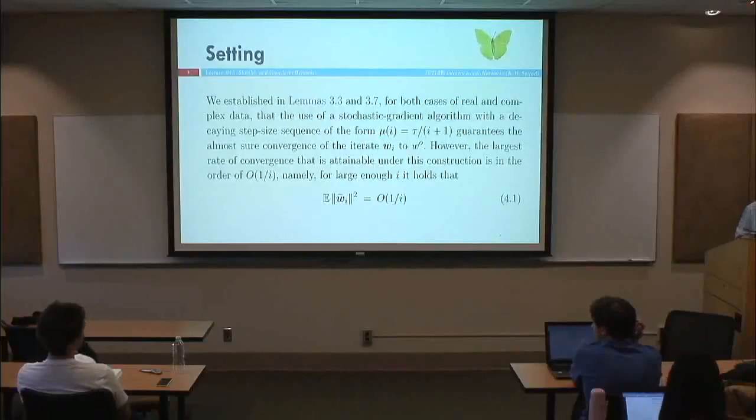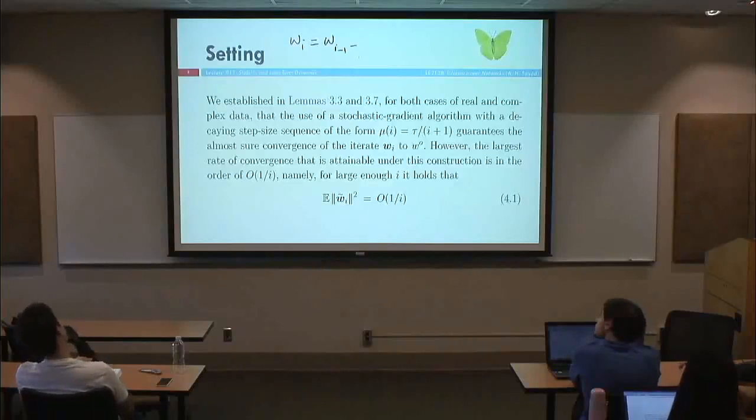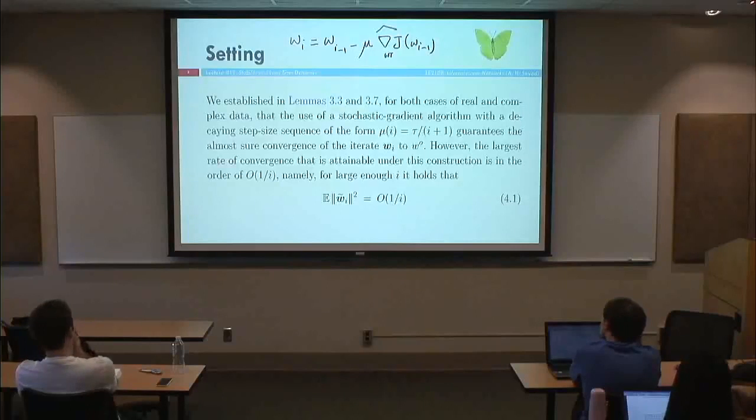Okay, so if you remember, last time we considered stochastic gradient algorithms. They were algorithms that looked like this. The new weight is the old weight minus a step size times an approximate gradient vector evaluated at the current estimate. This is the gradient relative to W transpose, and we use an approximation for it.